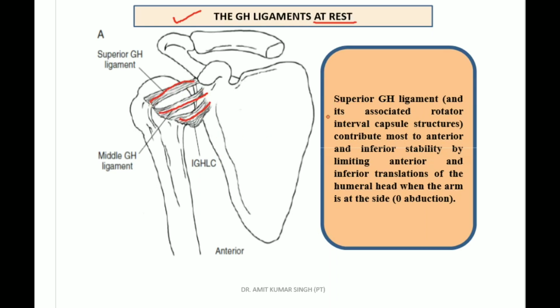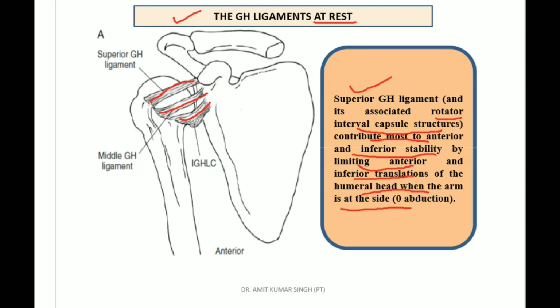So what is happening at rest? Superior glenohumeral ligament and associated rotator interval capsule structures, as already discussed, contribute to anterior and inferior stability by limiting anterior and inferior translation of the humeral head when the arm is at the side.